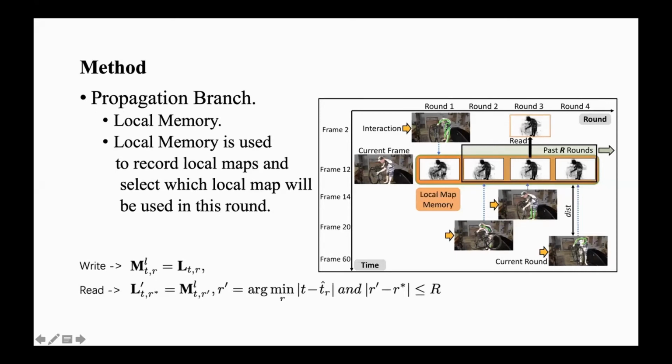And we use a forgetting mechanism because at the early interaction rounds, the predicted masks are not good, so the local matching map is also bad. So we just use the past R rounds to select the local matching map.